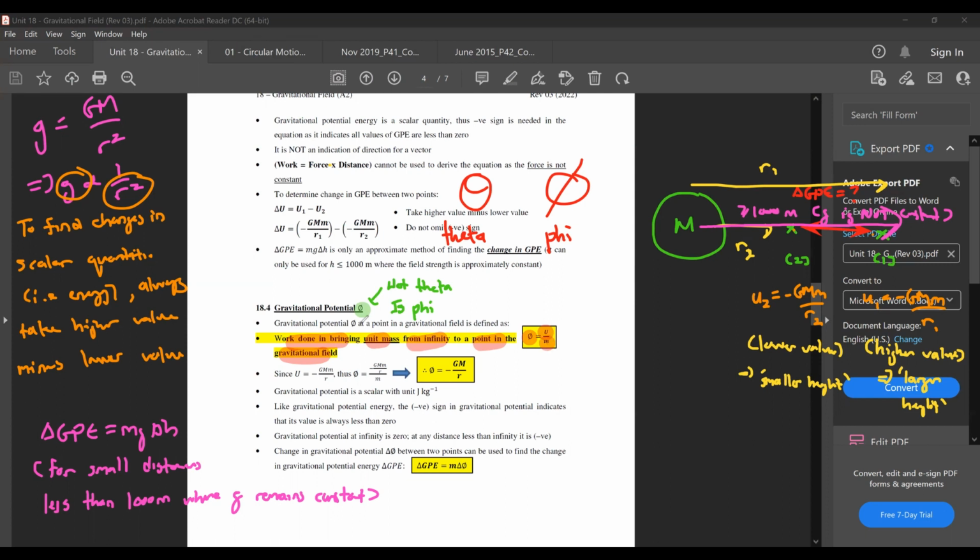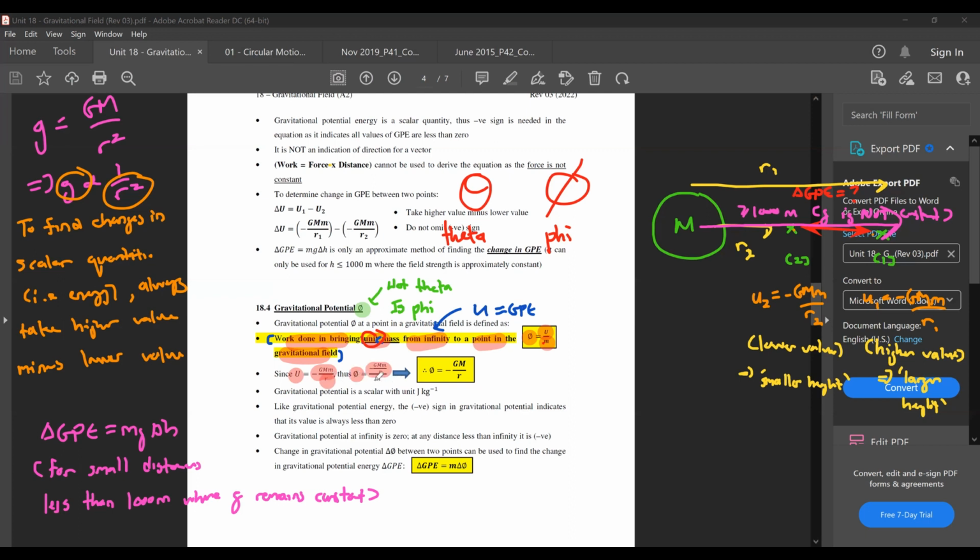Because if you look at these two statements, work done in bringing mass from infinity to a point in the gravitational field was already the definition of U, or rather GPE. If you suddenly add per unit mass, it means U divided by M. That's why it says GPE, but in terms of per unit mass. So phi is U over M, but at the same time, you know that U is negative GMm over r.